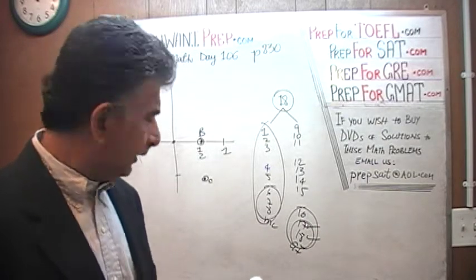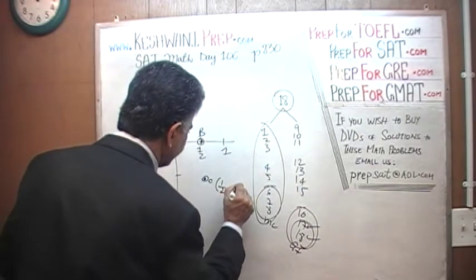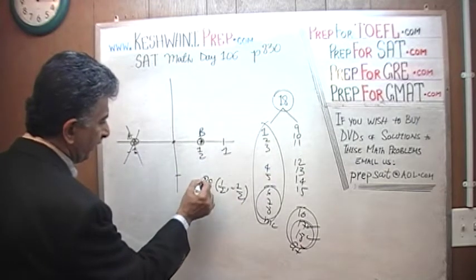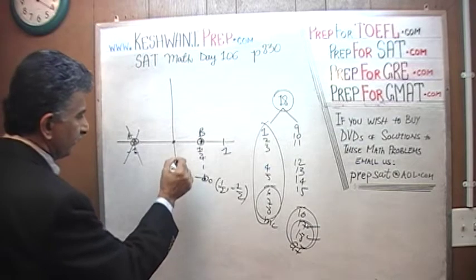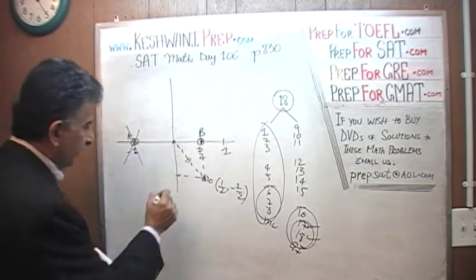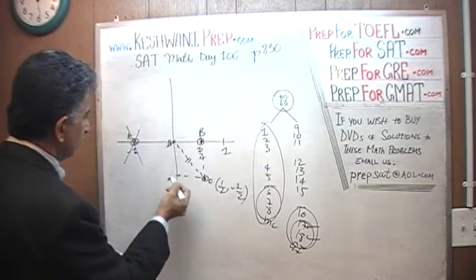Anyway, half and -1/2 is here. From here to here is half, and from here to here is half, which forms a right angle triangle.